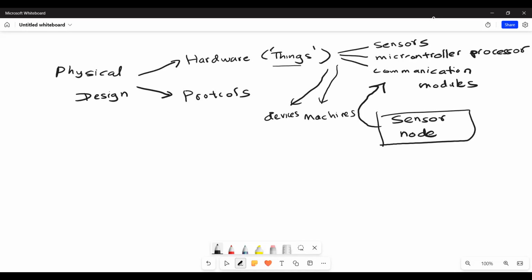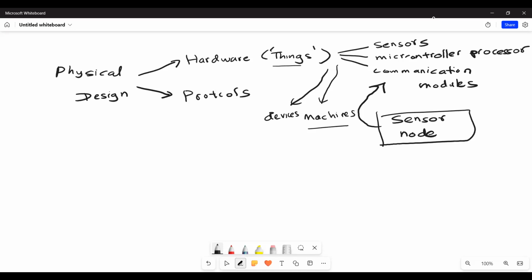We can basically consider devices also as a single entity that can be called hardware. So the hardware in the IoT system is known as things, and it is composed mainly of sensors, microcontroller processor units, communication modules, and if we are considering industry and large scale situations, machines and other devices can also be considered as IoT hardware.